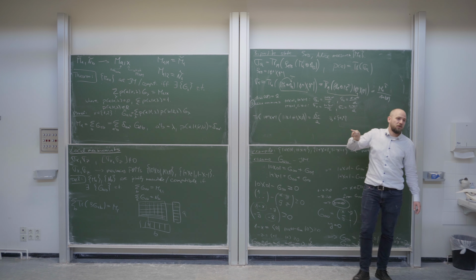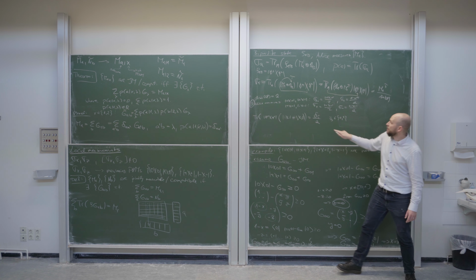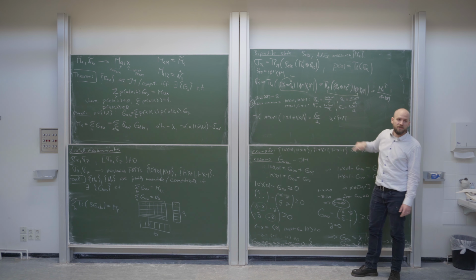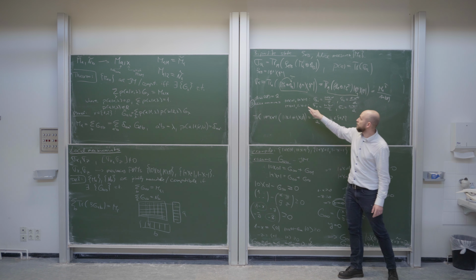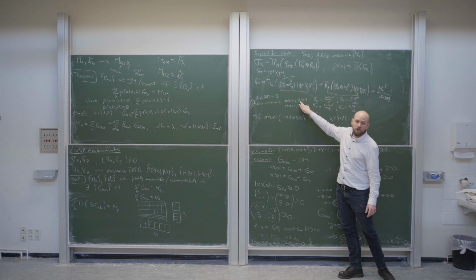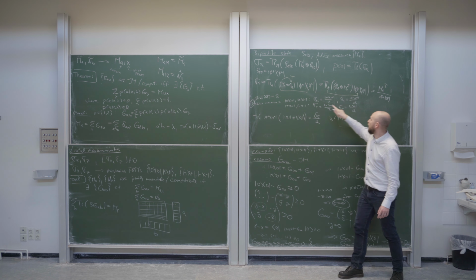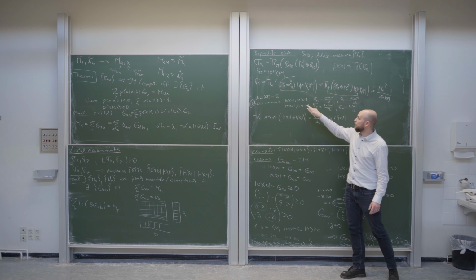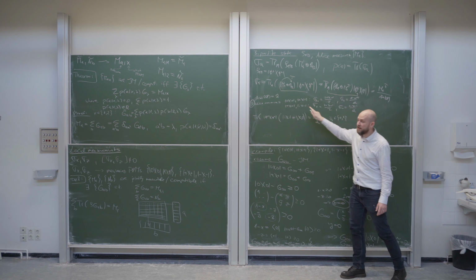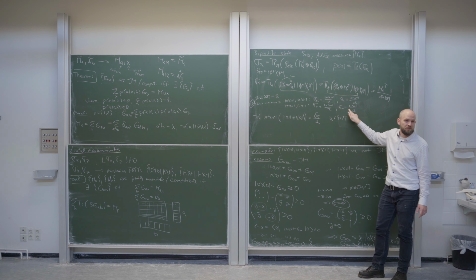In principle, from this it looks like if they measure in different bases, then they actually learn the outcomes of both the computational basis measurement and the Hadamard basis measurement, or they learn the values of both Pauli z and Pauli x.